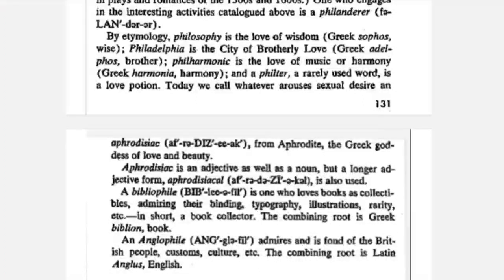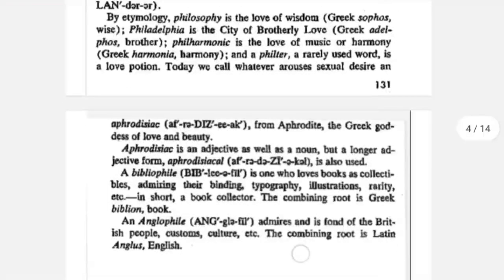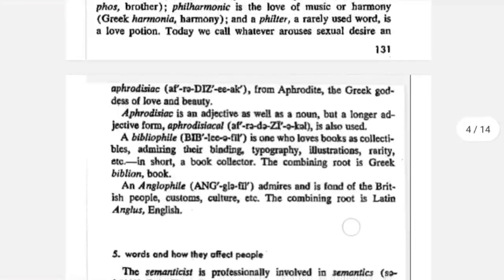So philharmonic is the love of music or harmony. The next word is philter, which is a rarely used word, which means a love potion. It has the roots phil, which means love, plus tre, which refers to a liquid. So it means a love potion.